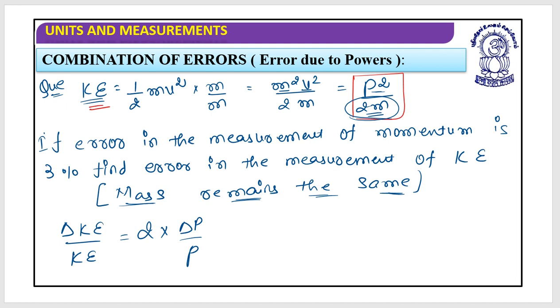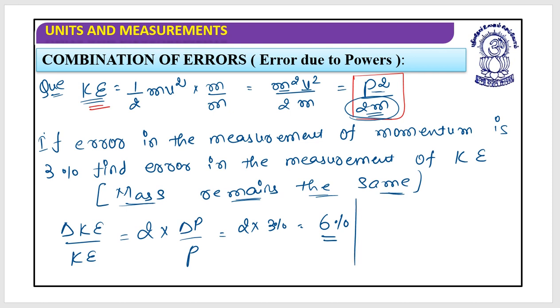It is the momentum only. So delta K by K is equal to twice of delta P by P, which is 2 into 3 percentage. So I get the answer as 6 percentage. This is the percentage error associated with the kinetic energy if there is an error associated with the momentum.